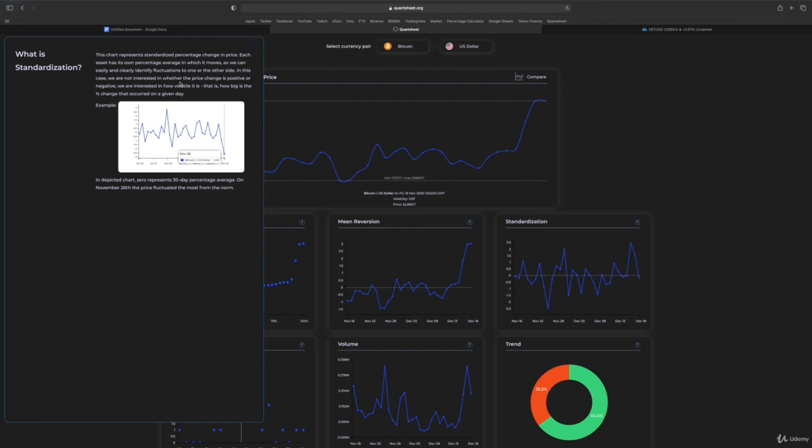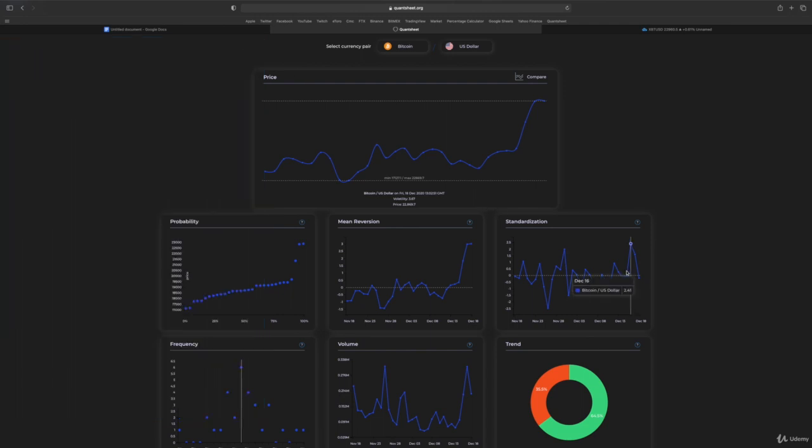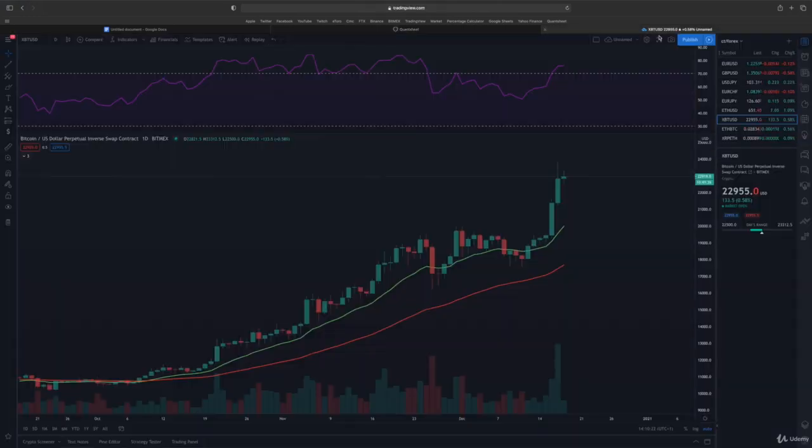We are interested in how volatile it is. So this chart is telling us if our price movement, the price change, is out of the ordinary, if it's at an extreme. Once again, 0 represents the basic level, right? Right now, we are on the 0, so we are at our norm. We are not exceeding. But when we take a look at this day, December 16th, let's take a look at December 16th, right here.